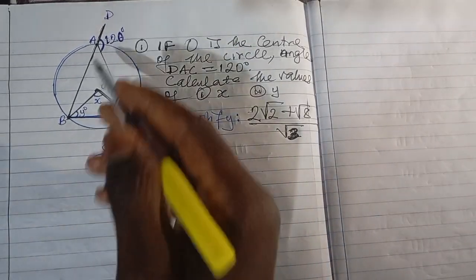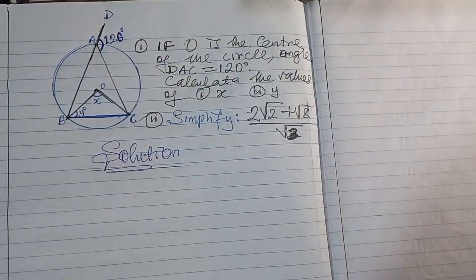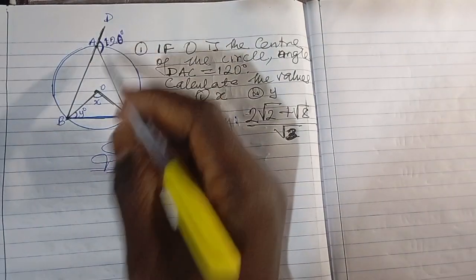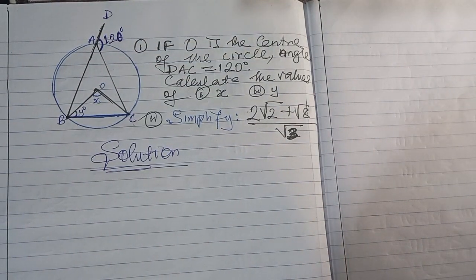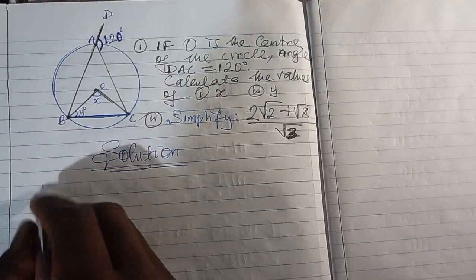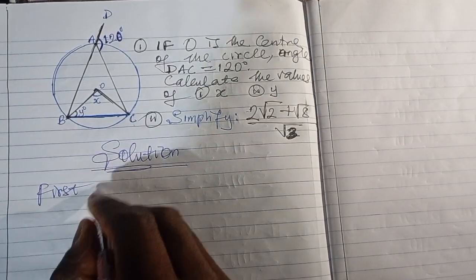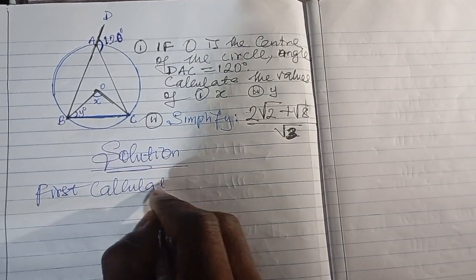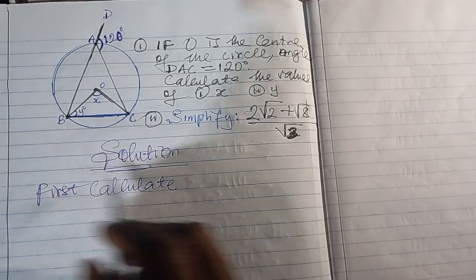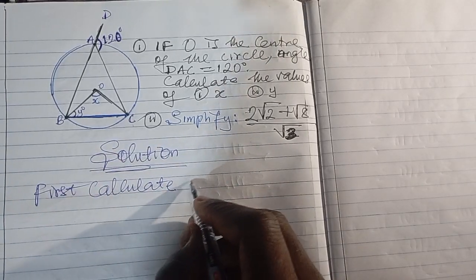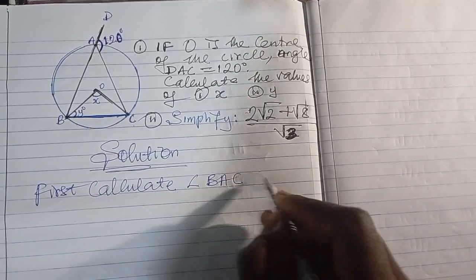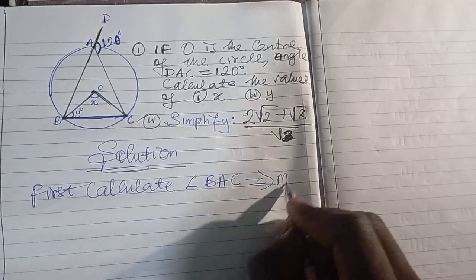Now this is an exterior angle. First, let's calculate angle BAC. Let's call this angle BAC m degrees.